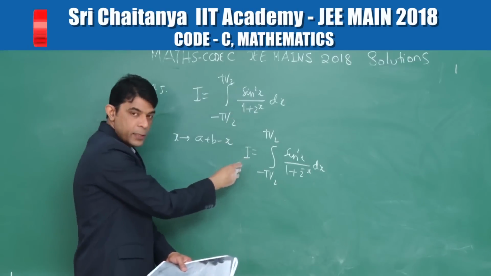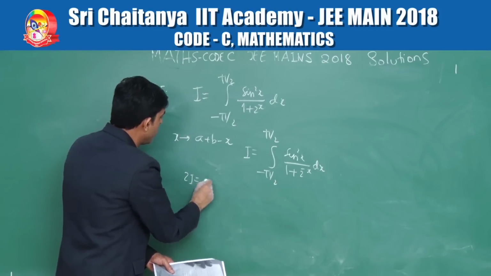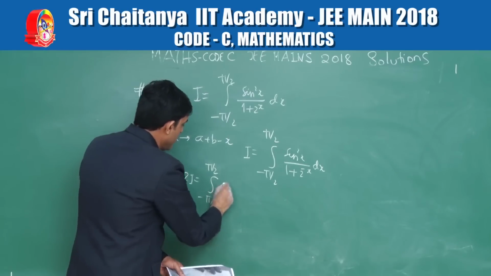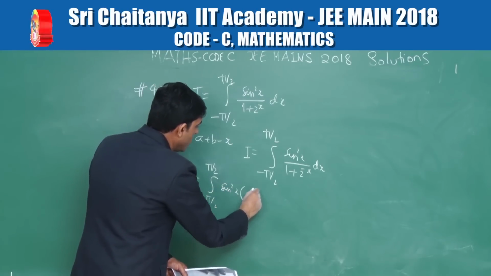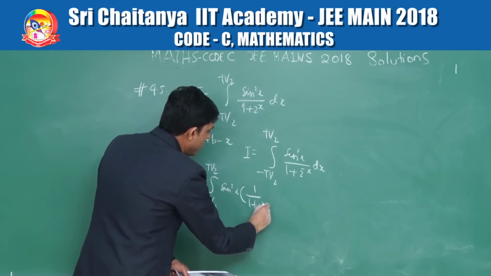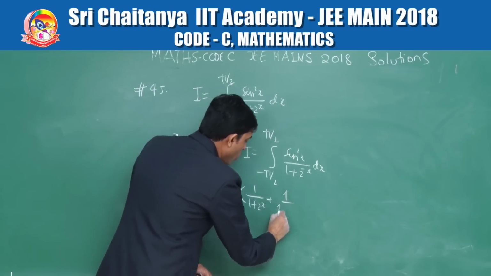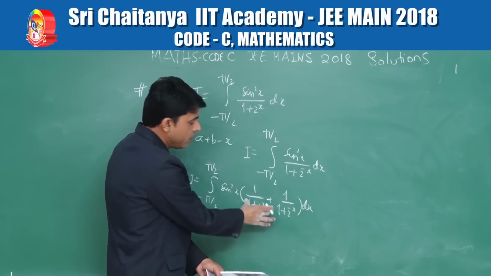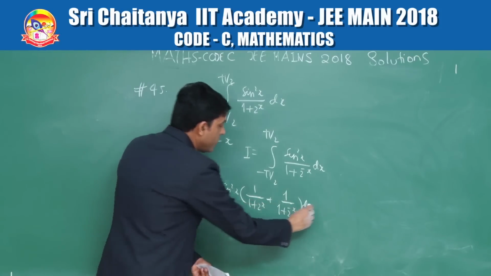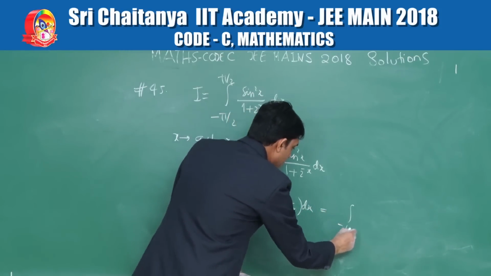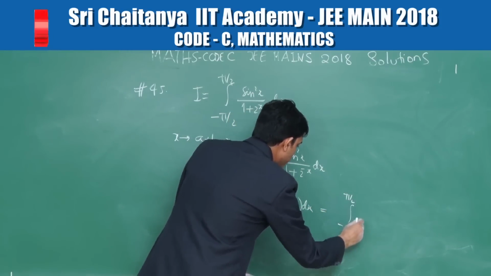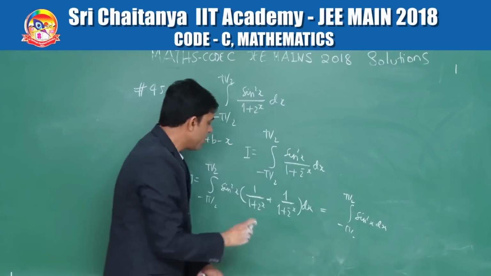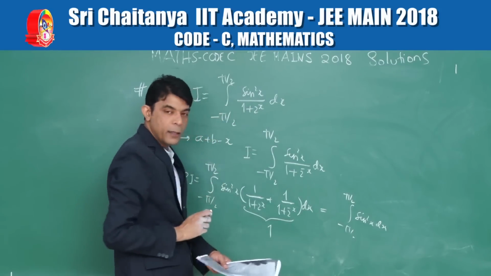Let's add them up. That gives you 2I equals the integral from minus pi by 2 to pi by 2, where sine square x comes out common. It is 1 over 1 plus 2 to the power x plus 1 over 1 plus 2 to the power minus x dx. That simplifies, because that becomes 1.